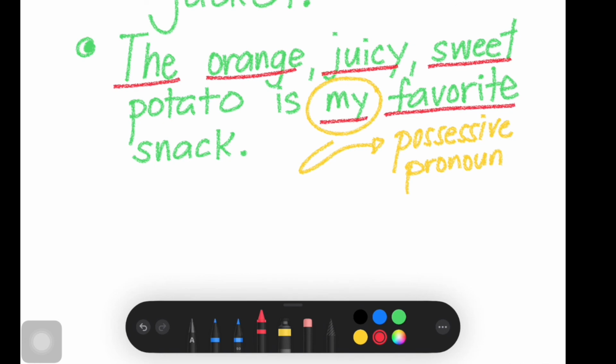Because mine here is actually a pronoun, but it functions as an adjective because it's a possessive pronoun. It tells you kinsang snack, whose snack, right? It answers the question whose. So mine is also an adjective.